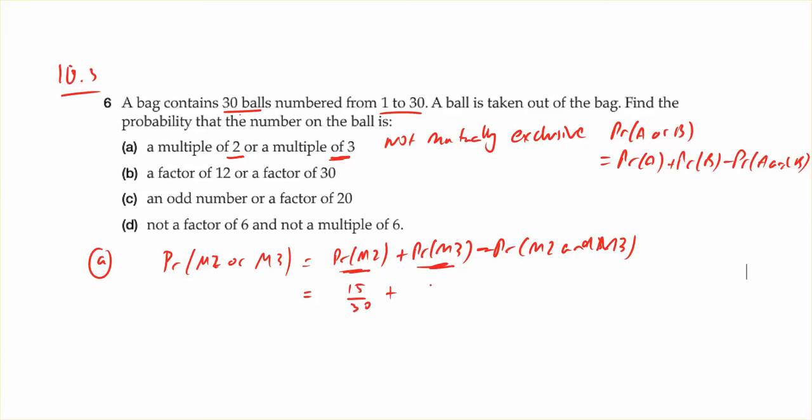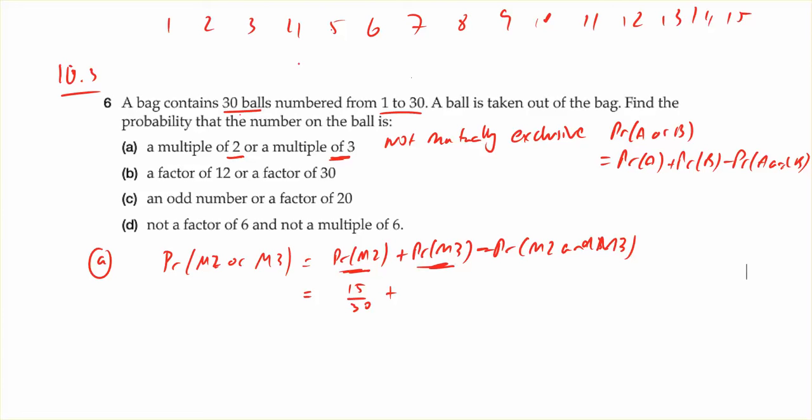For multiples of 3, you have 6, 12, 18, 24 and 30, so you have 5. No, you should have 10. So let's draw a number line quickly. 1, 2, 3, 4, 5, 6, 7, 8, 9, 10, 11, 12, 13, 14, 15, and so on.